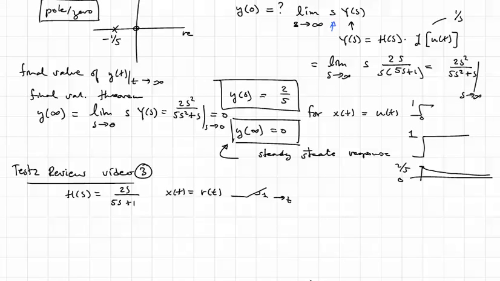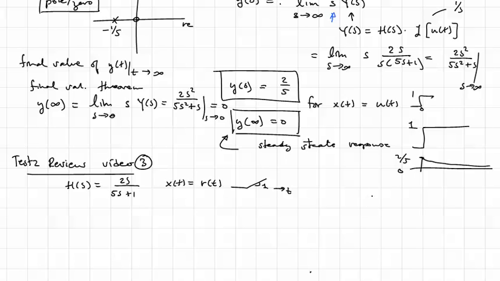Now imagine a different situation where you put in a step like this, and the response was something that maybe did this in time. For that kind of system, if you ask what is the steady state response, the system doesn't ever reach a final value. It just keeps on growing.